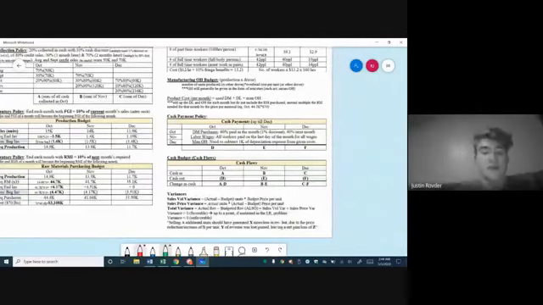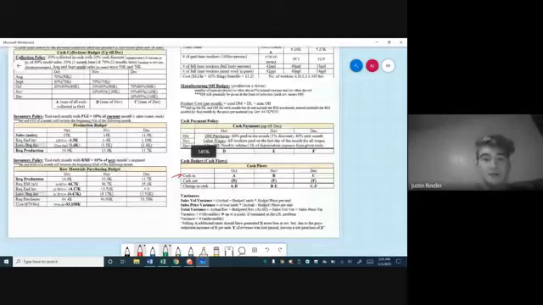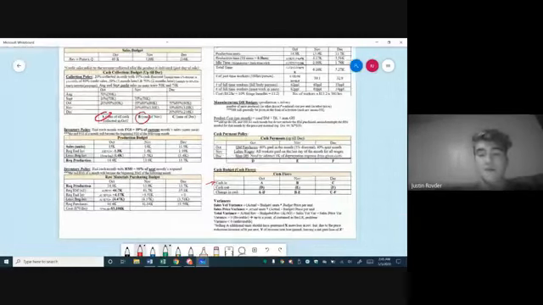So then finally, once we have our cash payment budget, then we can work on our cash flows. So all this is saying is just, okay, cash collections budget, how much cash do we have coming in? So for October, that was A. November, that was B, blah, blah, blah. And then we're looking at our cash payments, how much cash do we have going out? For October, that was D. November, that was E. You're just going to subtract that to find the total change in cash.